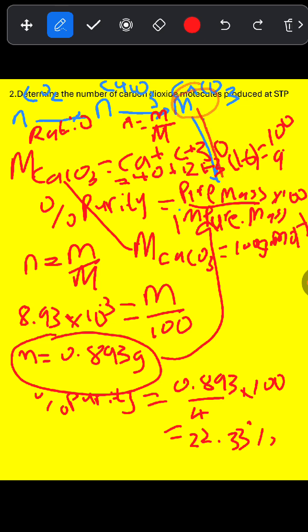Then use this formula: percentage purity is equal to pure mass over impure mass multiplied by 100, because of 100%. The 100 that I got here for molar mass is not the 100 that I'm multiplying by. This one is the molar mass. This one is the 100 for 100%. Okay.